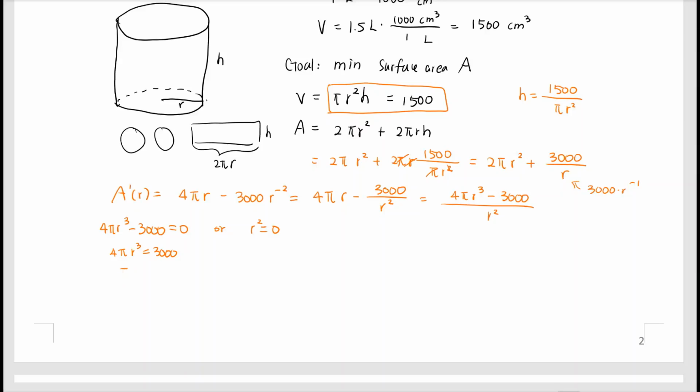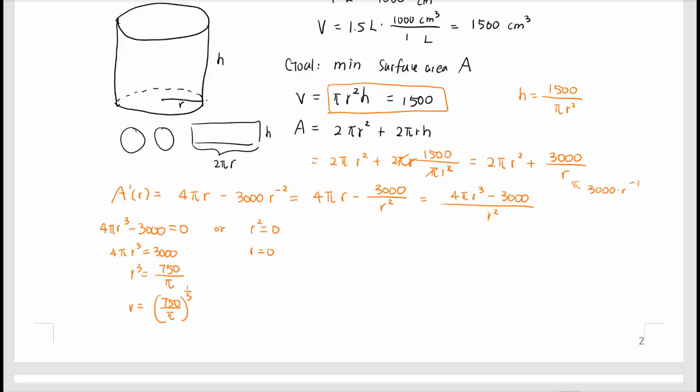So then r cubed is 3000 over 4 pi. Can we simplify 3000 over 4? Yes, that is 750 over pi. And so r is the cube root of 750 over pi. And for the denominator, we just got r is 0.